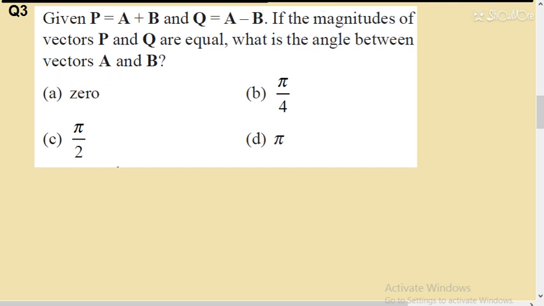Students, if you have studied our notes properly, then for the magnitude of A plus B we have used the formula: under root a square plus b square plus 2ab cos theta.